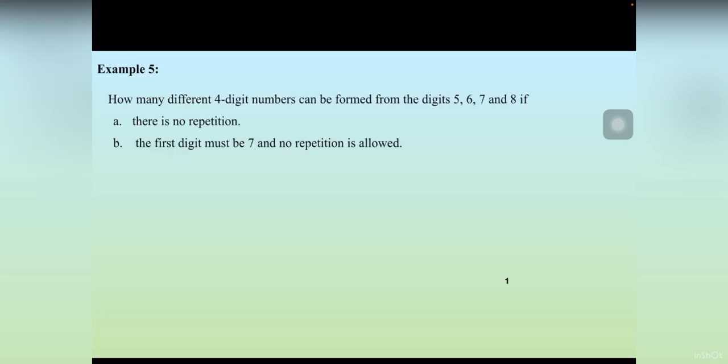Example 5. How many different 4-digit numbers can be formed from the digits 5, 6, 7, and 8 if there is no repetition? B. The first digit must be 7 and no repetition is allowed.